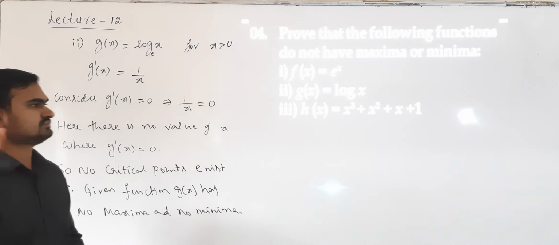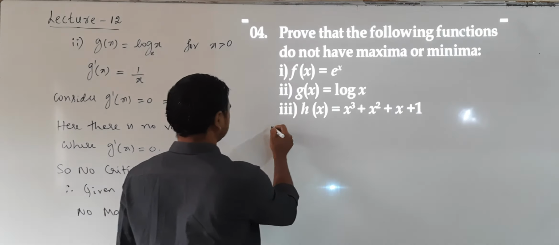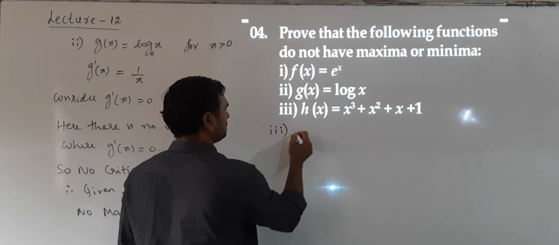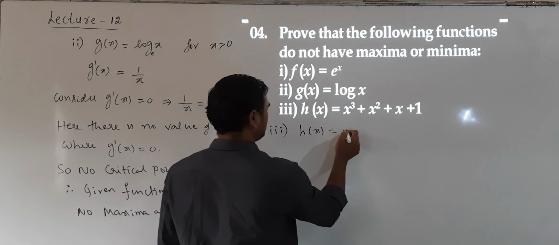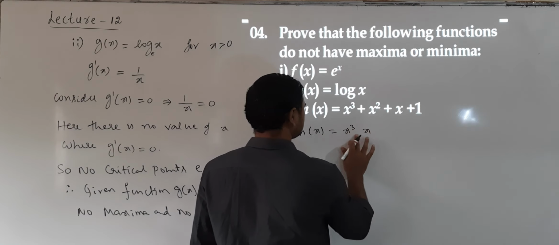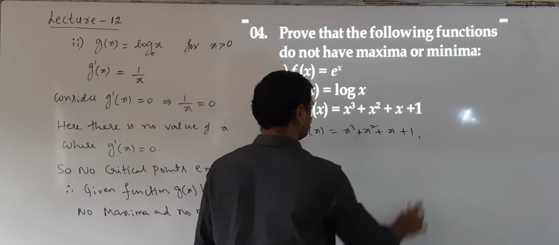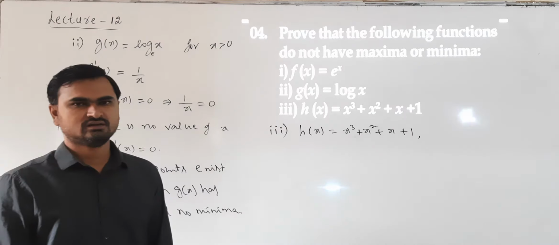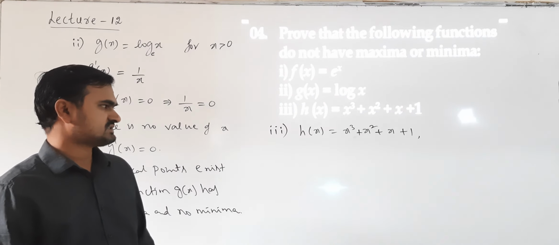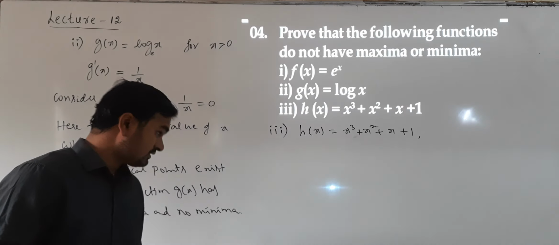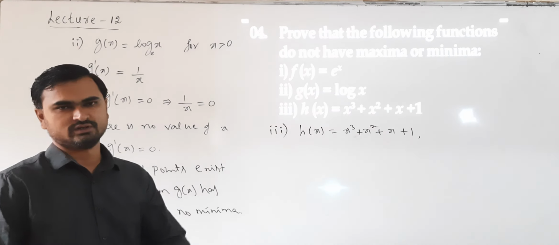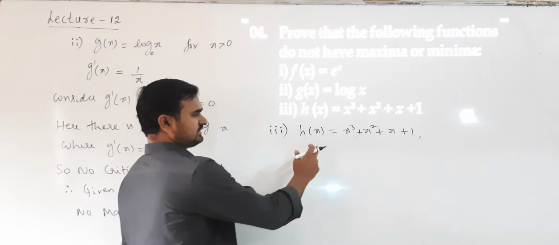Okay. See the third part. h of x is given as x cube plus x square plus x plus 1. This is the function given, and we have to prove that this function also has neither maximum nor minimum. Okay. So what about the domain of the function here?